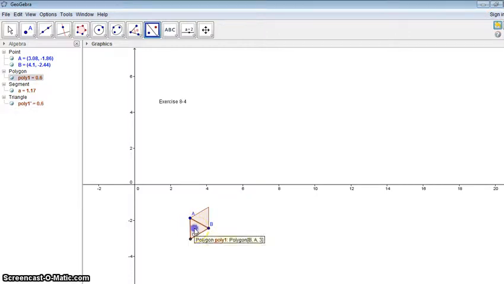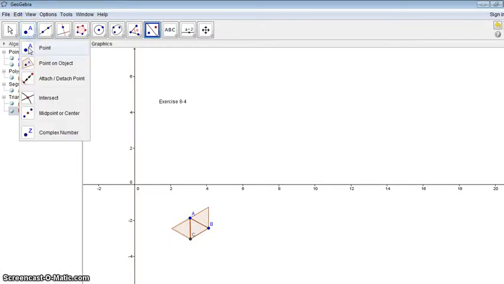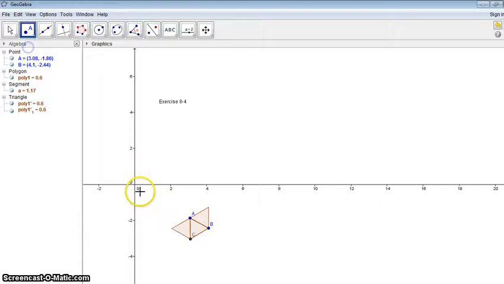I intended to reflect ABC over AC, but what I got was something very different. Now in this particular case, I am unable to reflect the reflection over the line. So I'm going to try to carefully put a point here.